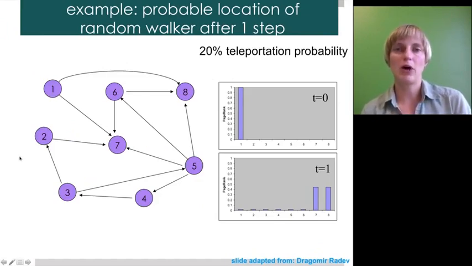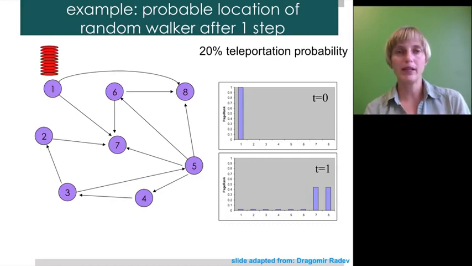So great. Let's see what this would look like on a simple toy network. Let's say the random walker starts at node 1. At the next step, with some substantial probability, he will go to either 7 or 8, but we also have a 20% teleportation probability, which means that the 80% of going to 7 and 8 will be evenly split between them.